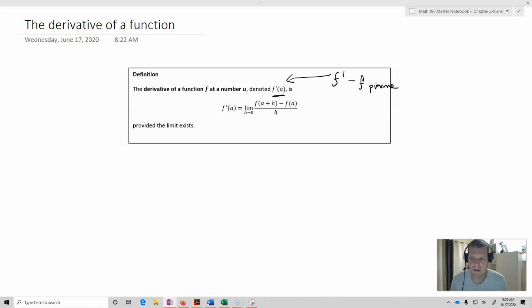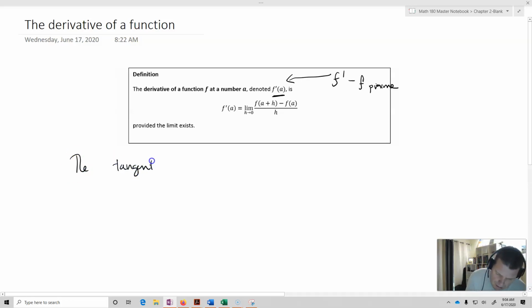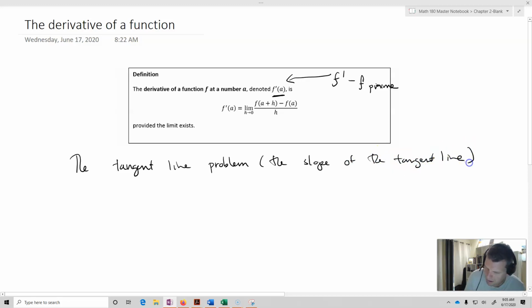Now here's the deal. Take a look at that. You should be thinking to yourself, I've seen that before, many times before. Because you have. The tangent line problem: basically, the slope of the tangent line is a derivative.